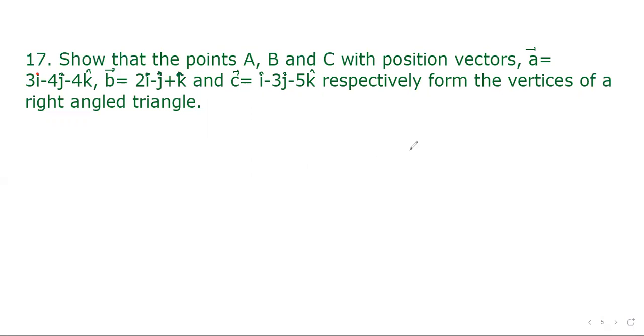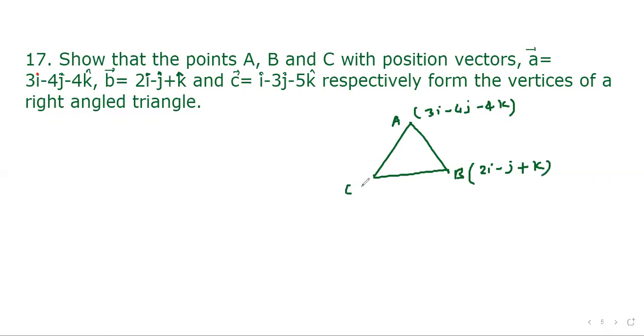So here we write, suppose this is A, and this point is 3i minus 4j minus 4k, and this is B. So B is 2i minus j plus k, and this is C, i minus 3j minus 5k.